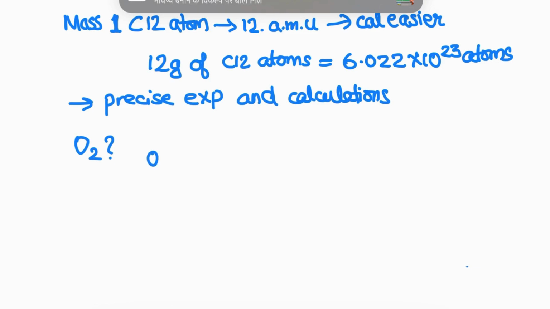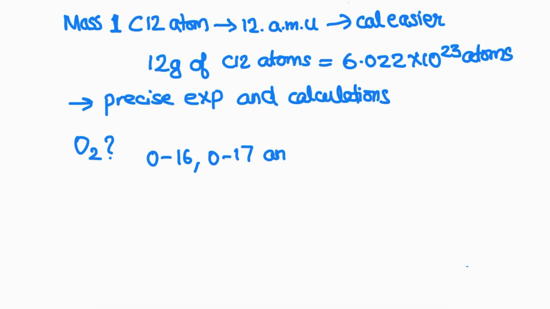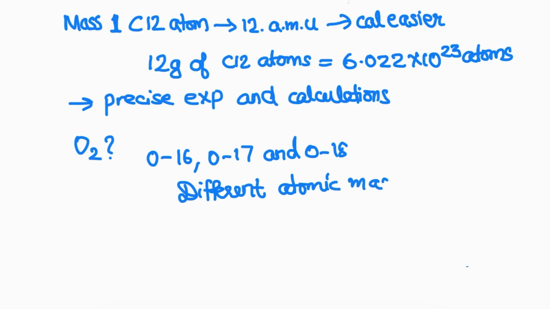And why did they not choose oxygen? You might think so, right? Or any other element. For example, oxygen exists as O16, O17 and O18. Those are the different isotopes of oxygen, and they exist more abundantly than C12. So they have different atomic masses, which will cause inconsistency in calculation.